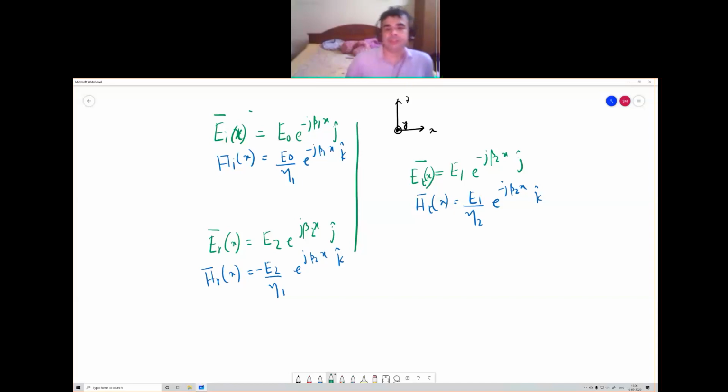Any questions regarding this? We take that the constitutive properties here are mu1, sigma1, epsilon1. Here they are mu2, sigma2, and epsilon2.